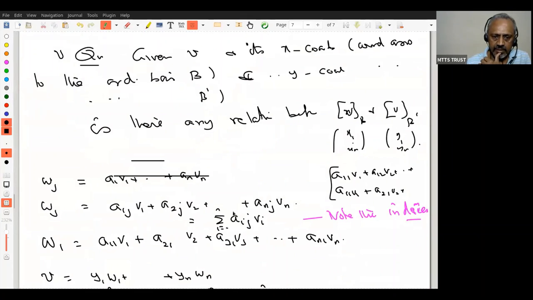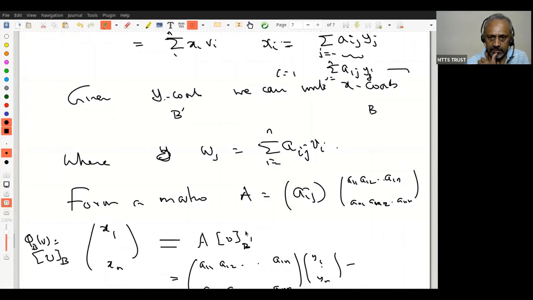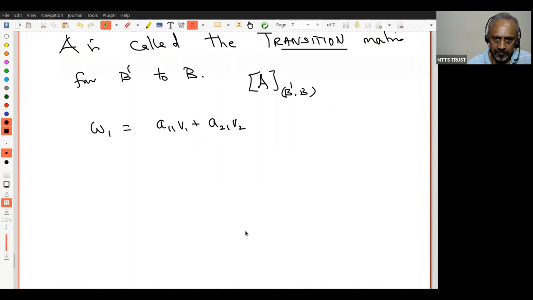Therefore, that becomes the first column.